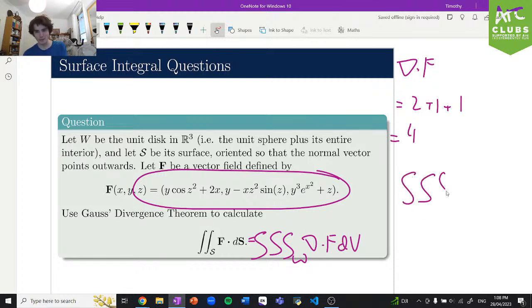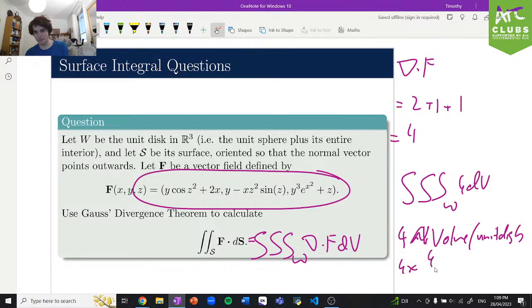So it's going to be the integral of 4 dV over the unit disk, which is 4 times the volume of the unit disk, which is 4 times 4/3 pi r cubed, where r is equal to 1, which is 16/3 pi units cubed, which is very hot.